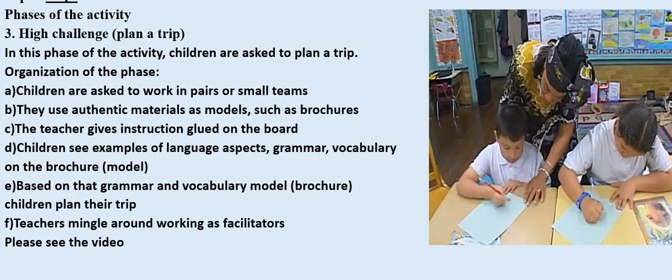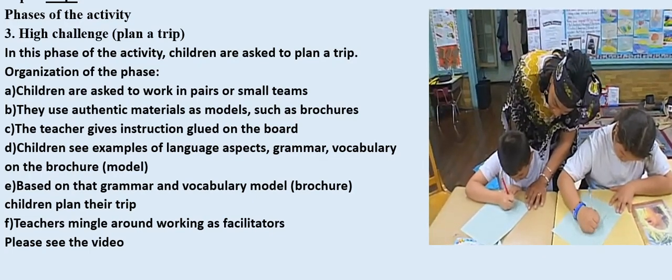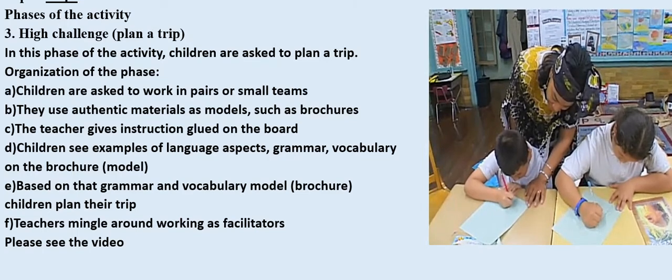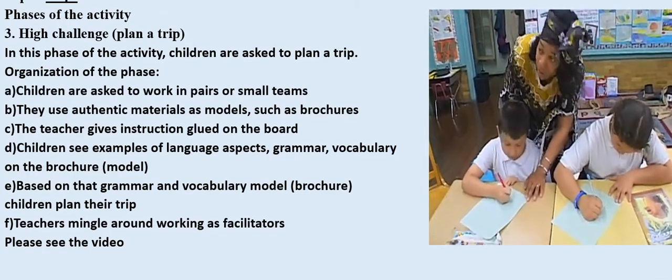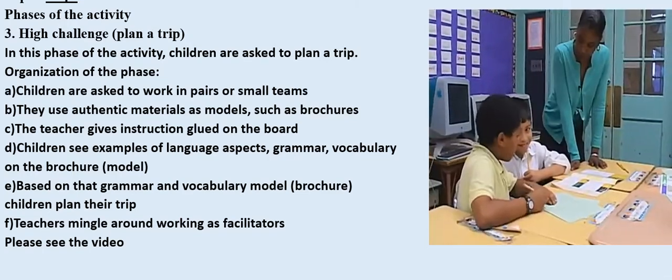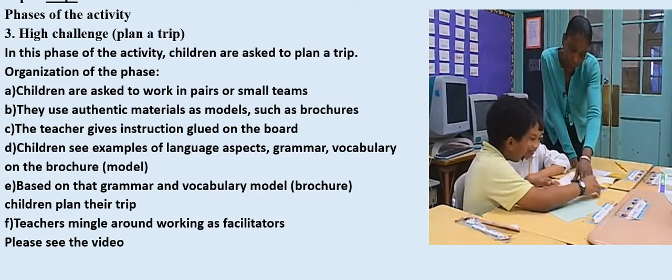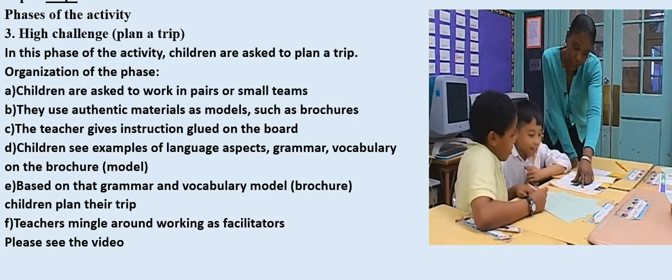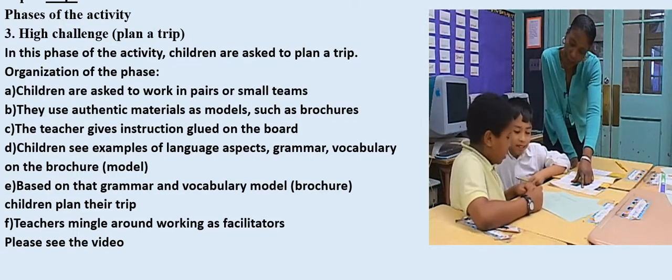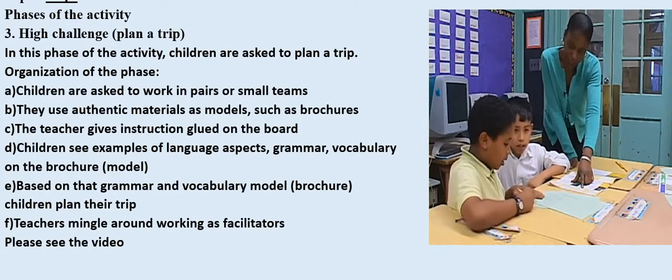Now let's find the next word. List. L-I-S-T. Good job. So the next one, fish on the line. Okay. Let's go over the airplane. Airplane.